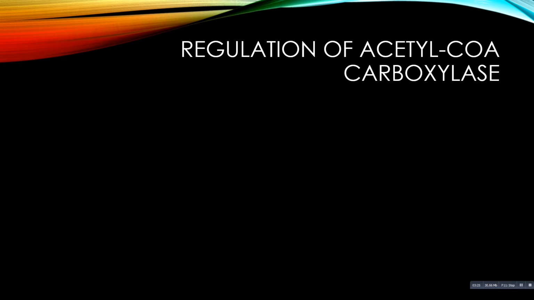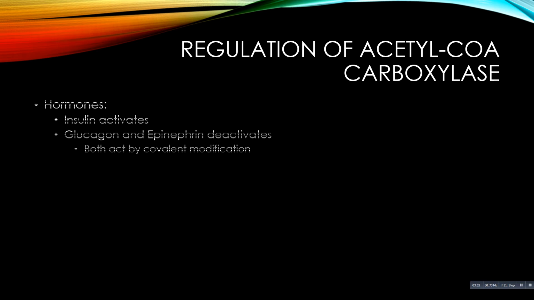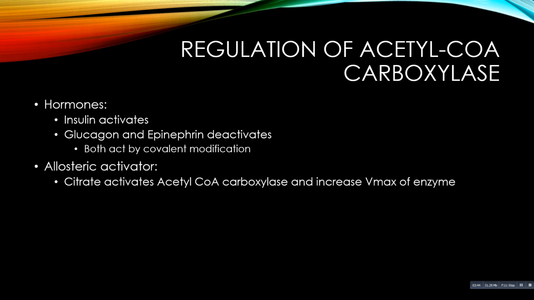Now, the main step of the reaction that's regulated and what keeps the reaction regulated as a whole is the regulation of acetyl-CoA carboxylase. And the three things that do it are insulin, which works as an activator, and then glucagon and epinephrine, which deactivate. All three of these act by covalent modification to achieve their activation and deactivation.